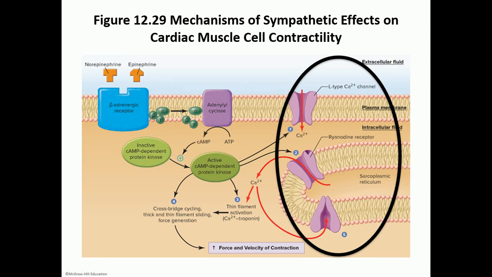When that happens, that is going to open up these L-type calcium channels. Calcium goes into the cardiac muscle cells and attaches to these ryanodine receptors that are found in the sarcoplasmic reticulum. Now calcium is going to be released from the sarcoplasmic reticulum, and then calcium will start attaching to some of the troponin, leading to that sliding of the actin on myosin.